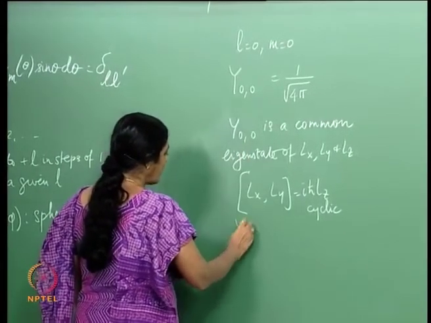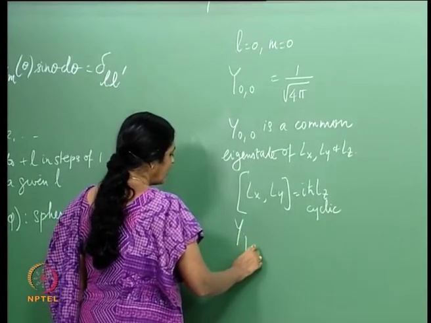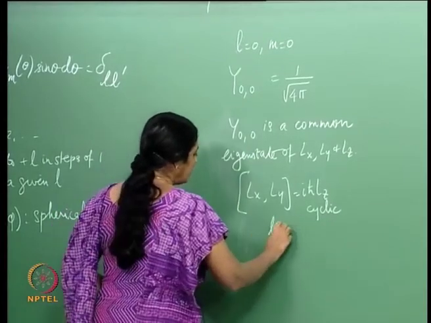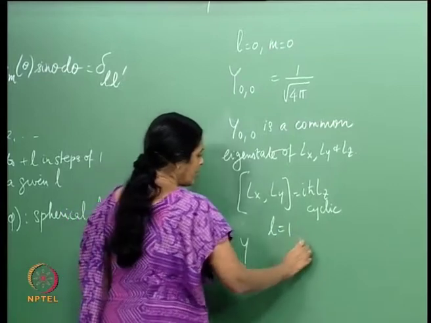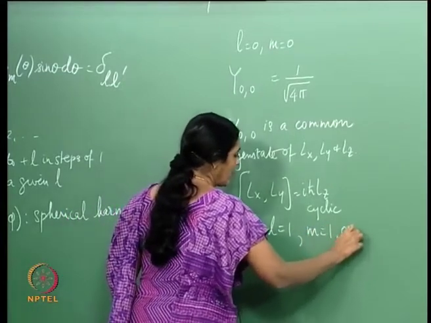Now, if you look at Y1, L is equal to 1, then you can have m equals 1, 0, minus 1.